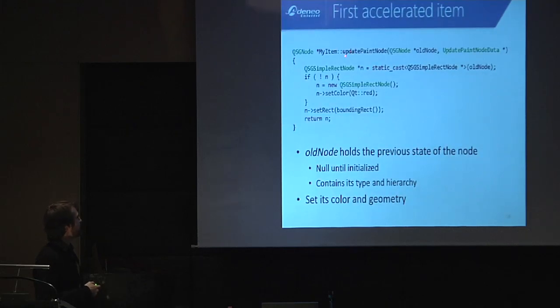So here is the famous updatePaintNode, which is, okay, I'll try to explain. We enter this method when we will update or draw our component. The thing we have here in oldNode is the state of the node we are drawing, so kind of like the component, right before entering this method.